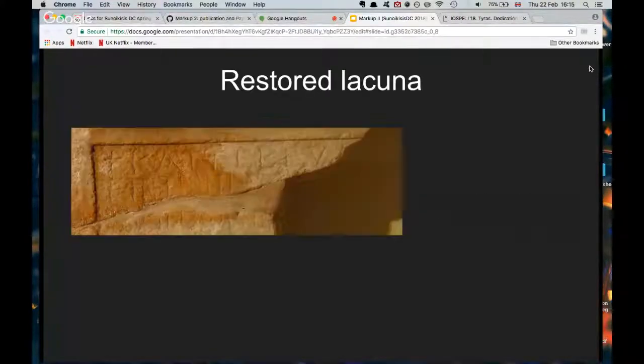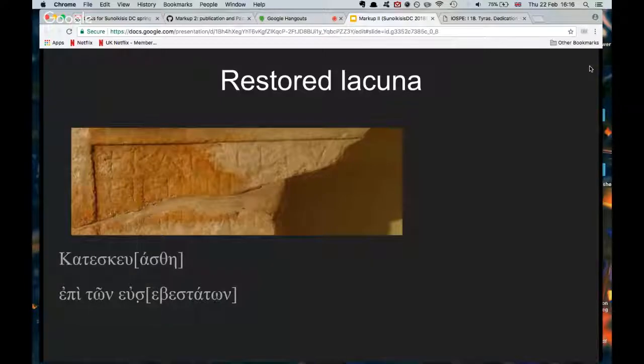So I just wanted to show a couple of cases where the markup is a bit more interesting and why we need to be careful when we tag our inscriptions, because sometimes it's not as straightforward as it might look, only substituting the Leiden with the XML. So in this example, we have a restoration of a lacuna, two of them in fact, on 2 lines.